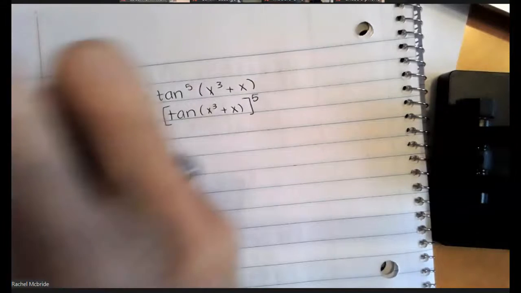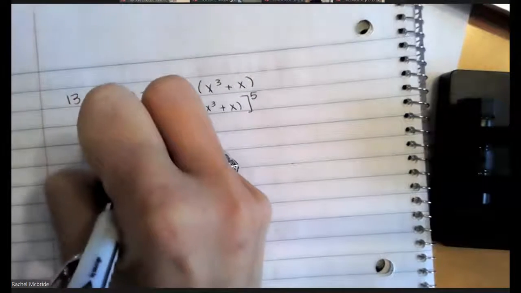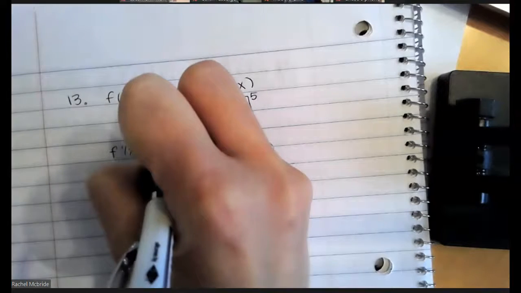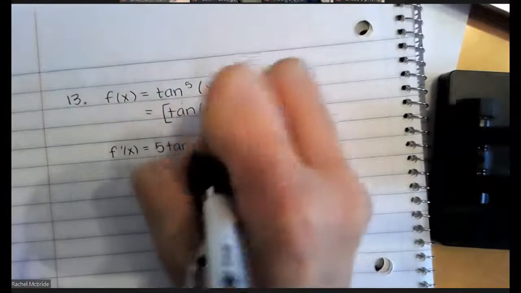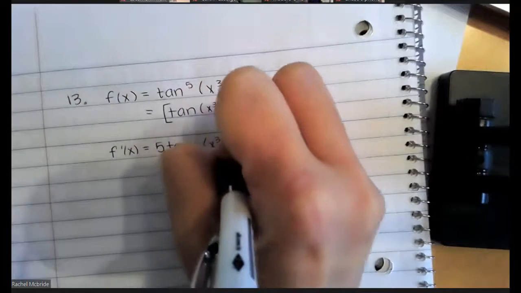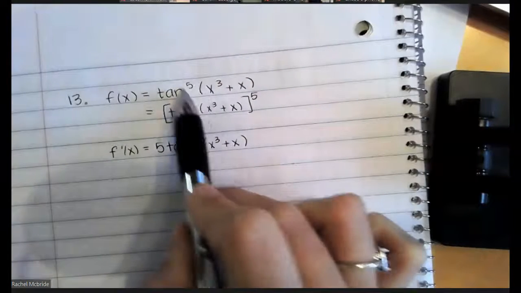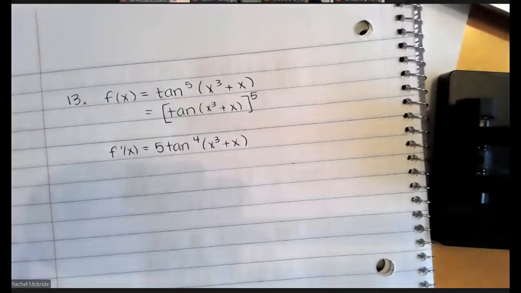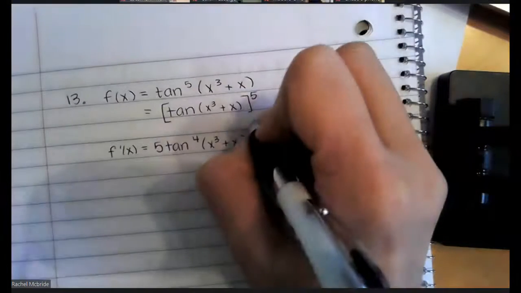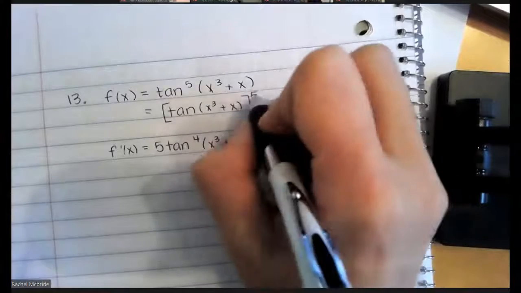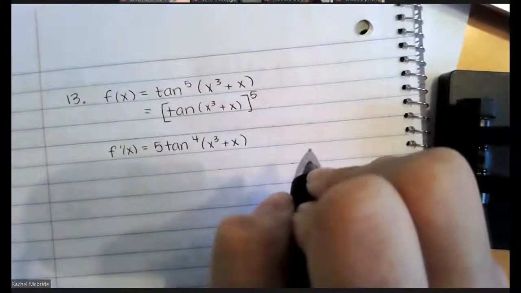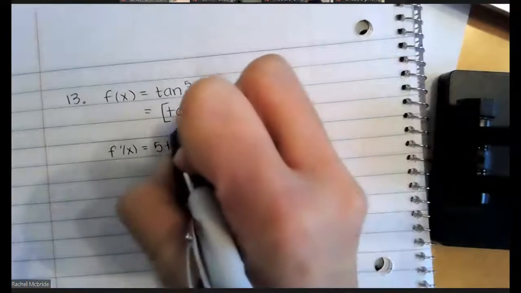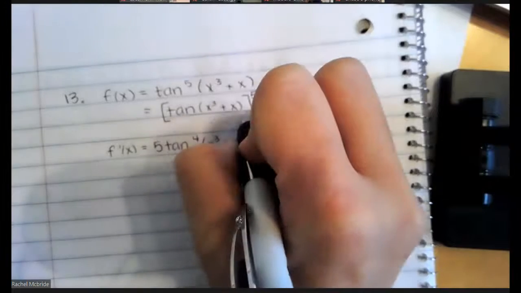And then my derivative is equal to 5 tangent of x cubed plus x, but then we take one of those powers away, so it's going to be to the 4th. And now you've done the outside. Now we have to take the derivative of the inside.